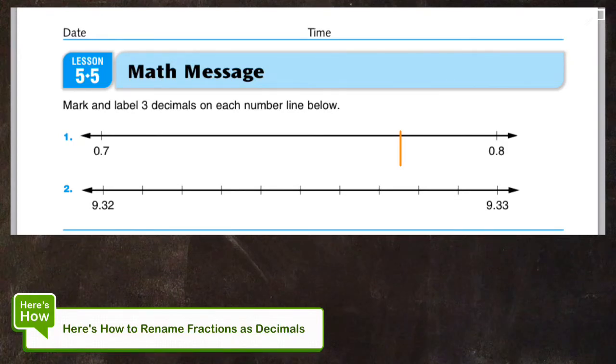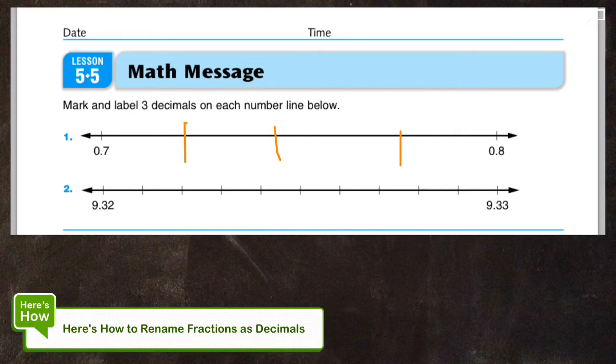If you choose to draw lines 1, 2, and 3, those numbers will all begin with 0.7 and then something else. Those lines that are between 0.7 and 0.8 are going to be hundredths.